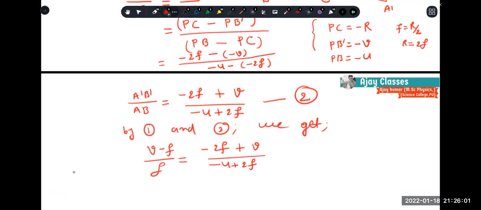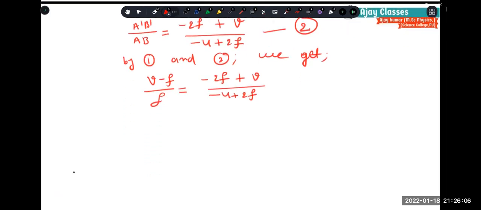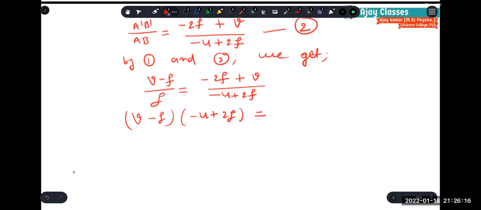With the help of this, we will write (V minus F) multiplied with (minus U plus 2F), and (minus 2F plus V) multiplied with F.